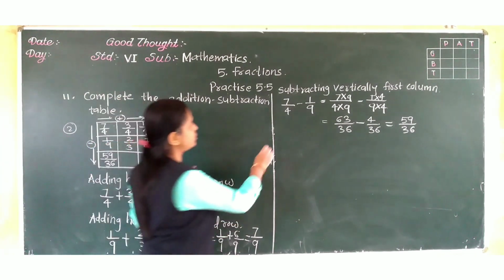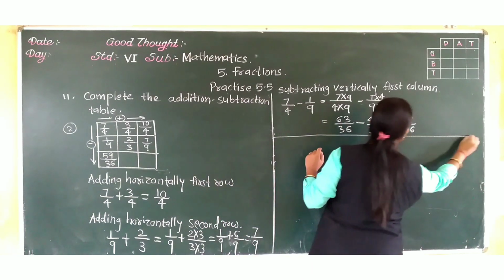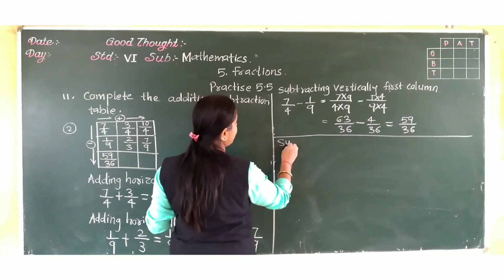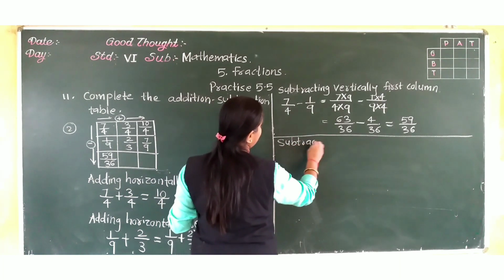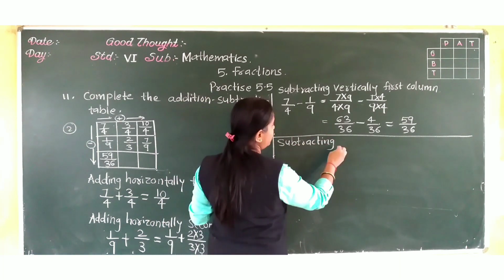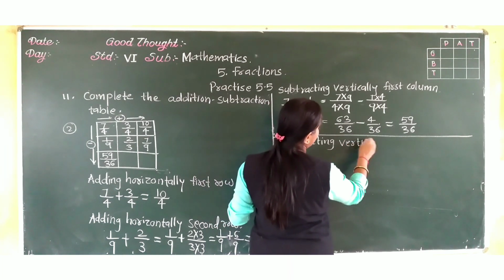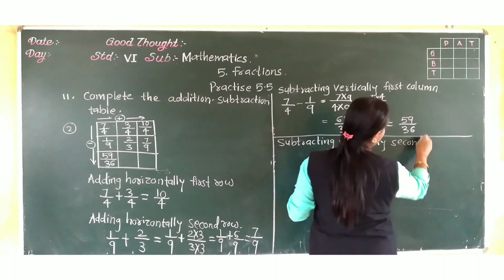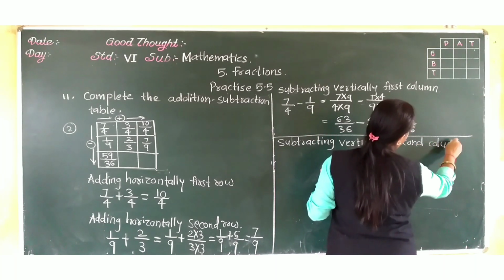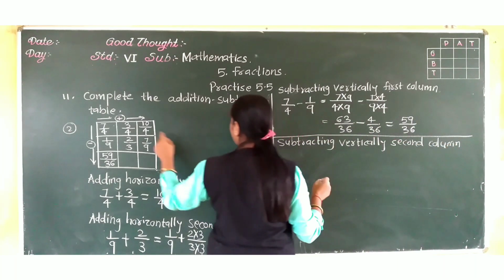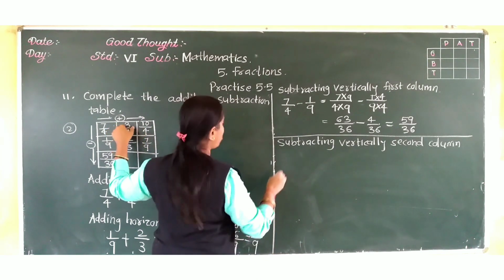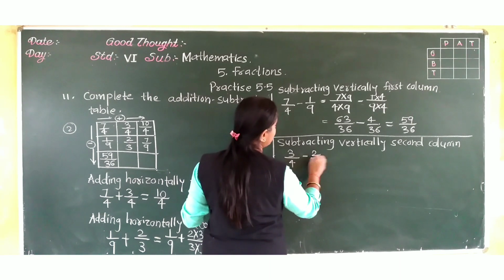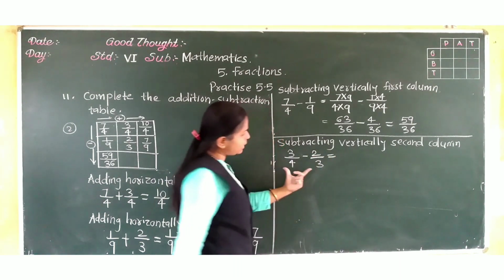Next, subtracting vertically, second column. Okay, so now the second column is 3 upon 4 minus 2 upon 3. This is again an unlike fraction.